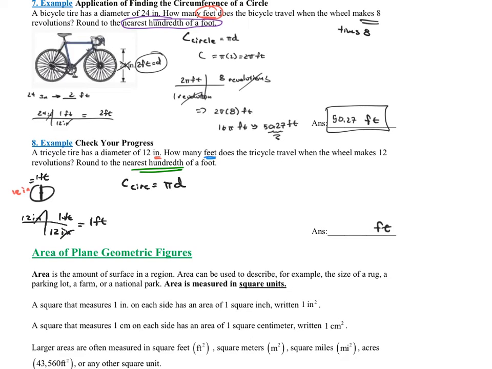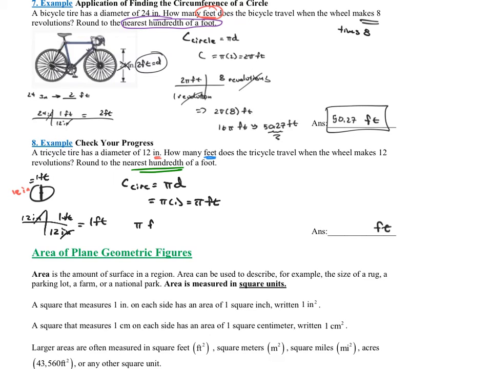So the diameter we're going to use, rather than doing pi times 12, we're going to put our answer in terms of feet, so we're going to do pi times 1 foot. So the circumference here would be pi times 1, which is pi, and again, that's in terms of feet.